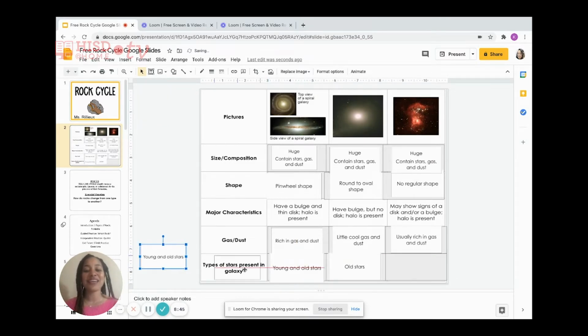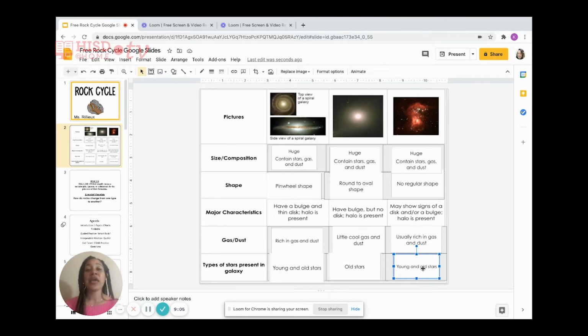Now, irregular shaped galaxies, because they do not have a shape, are made up of stars from different other galaxies, kind of when galaxies clash. That's how an irregular galaxy is made.